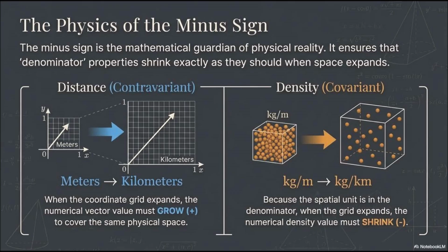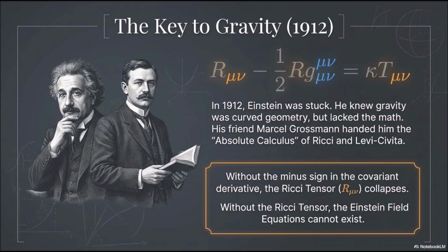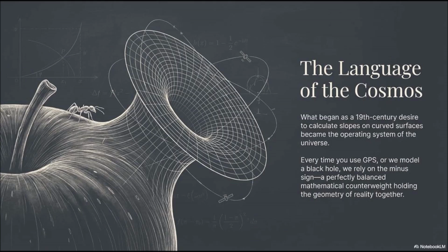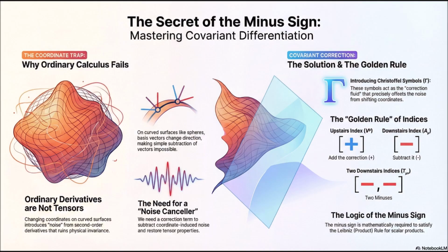It's the reason we can understand black hole physics, the reason we can model the expanding universe. And on a very practical level, it is the exact reason the GPS system on your phone can accurately pinpoint your location as you drive down the street. Without this minus sign, our entire understanding of gravity and space-time literally collapses into nonsense.